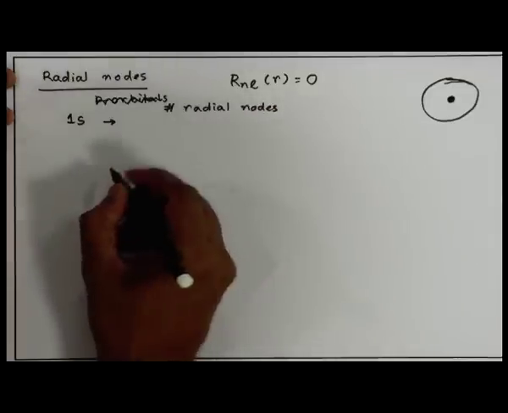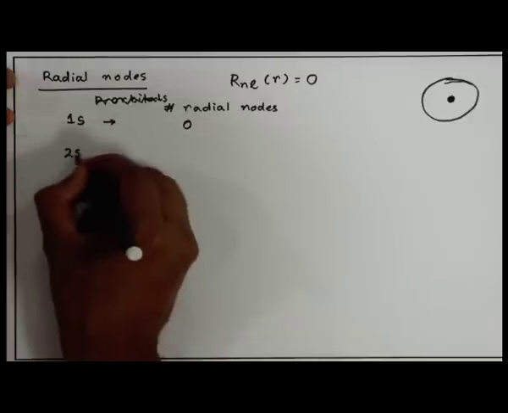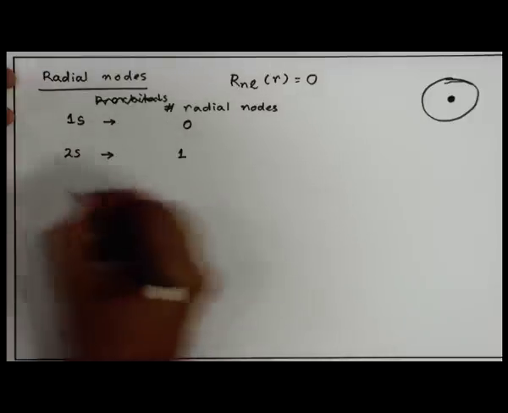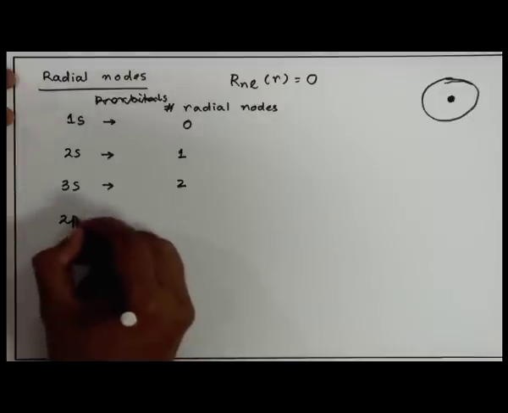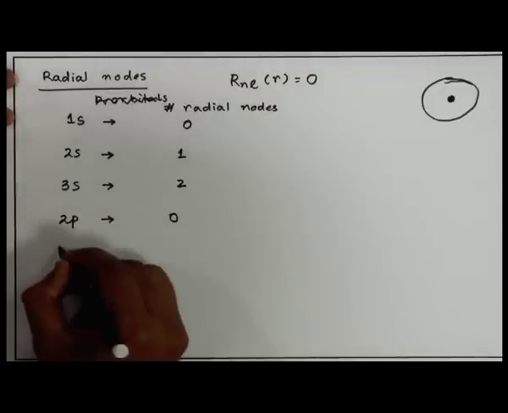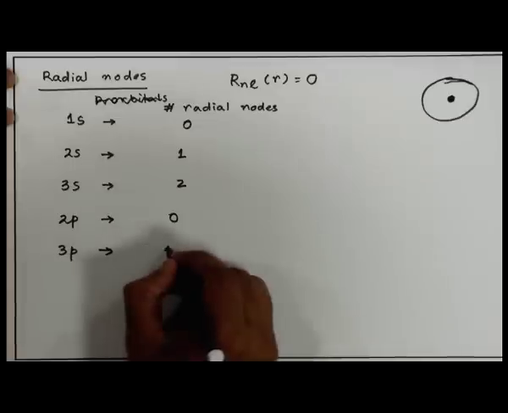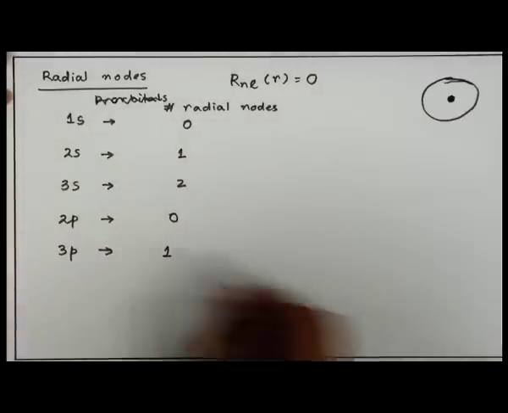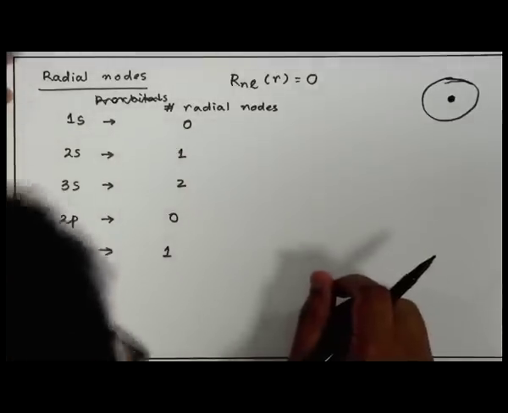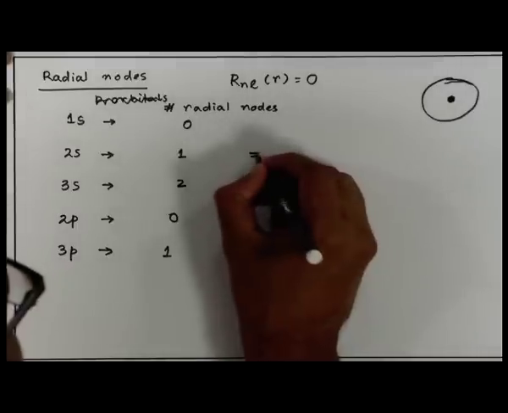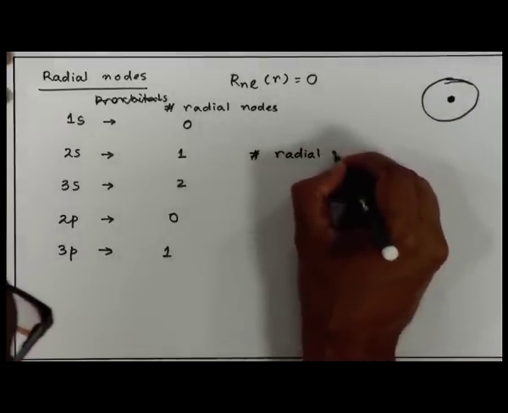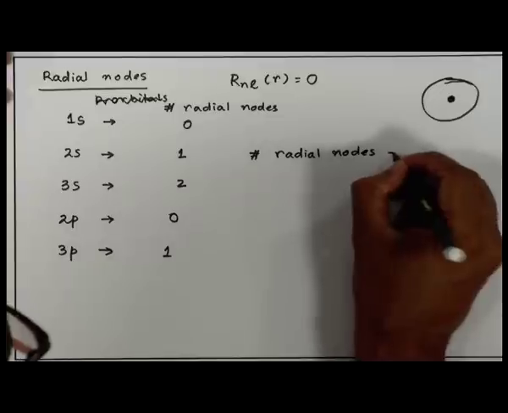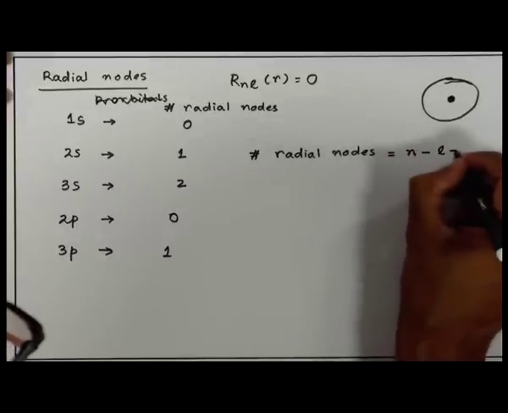For 1s orbital I got 0, for 2s I got 1, for 3s I got 2, for 2p I saw 0, for 3p I got 1, right. This is what we saw. Now, we can have a general definition: the number of radial nodes that an orbital will exhibit is given by n minus l minus 1.